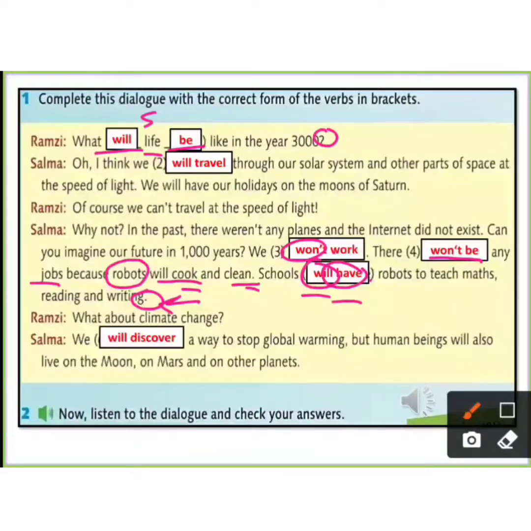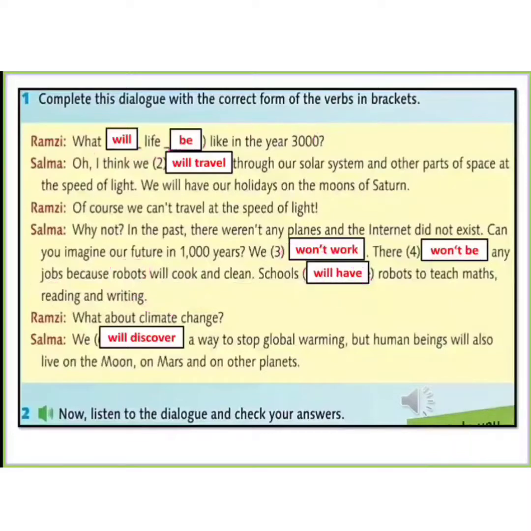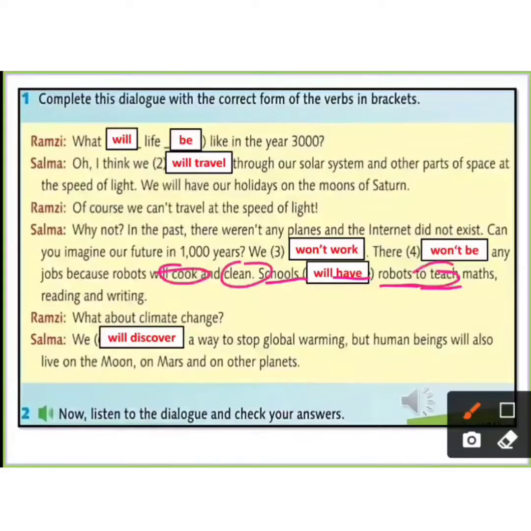Infinitive verb. So again, schools will have robots to teach math, reading and writing. So can you imagine in the future there will be robots, they will cook, they will clean and they will teach also. Okay. Let's continue.